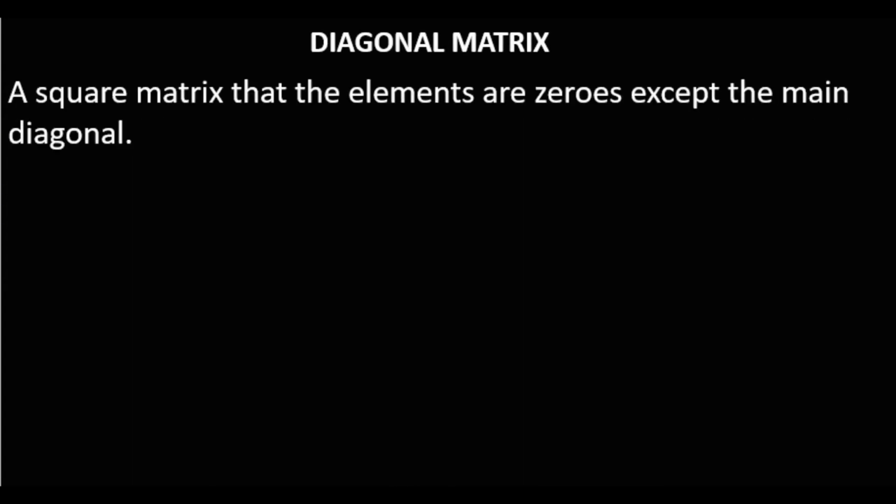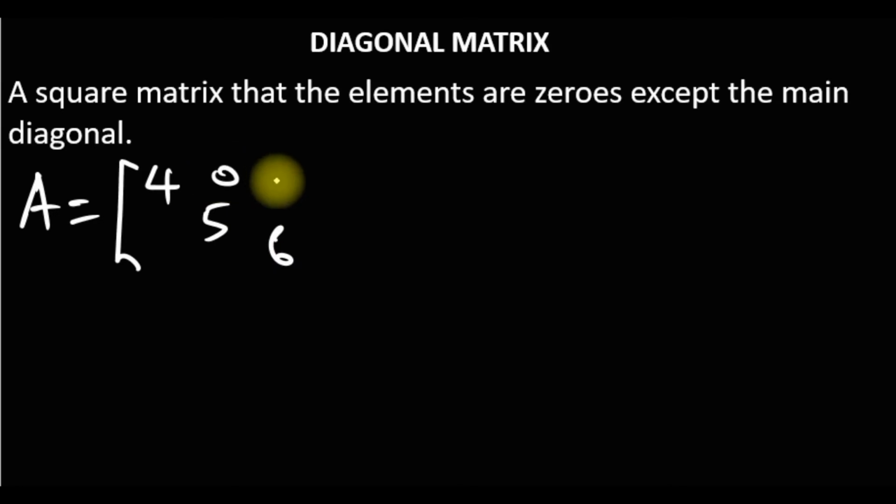The next one is called the diagonal matrix. It is a matrix in which the elements are 0 except those on the main diagonal. Remember, it must be a square matrix for it to have a main diagonal. So if you have like maybe 4, 5, 6, others are zeros.